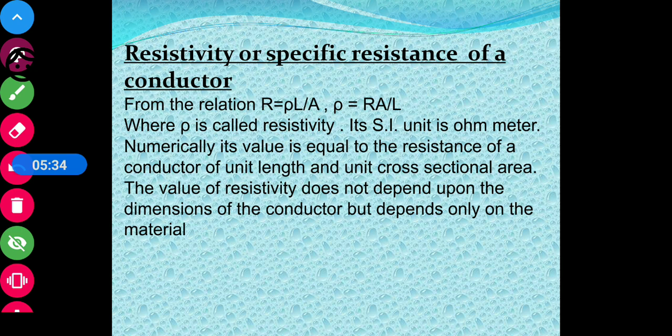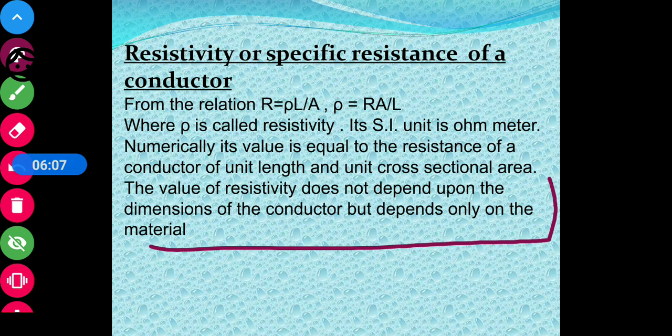The value of resistivity does not depend upon the dimensions of the conductor. It depends only on the material. This is a very important point to remember. Many MCQs are based on this concept. According to it, if you take two conductors of different length and different area A but of the same material, for example two copper conductors of different length, even then their resistivity will remain the same; only the resistance will change.